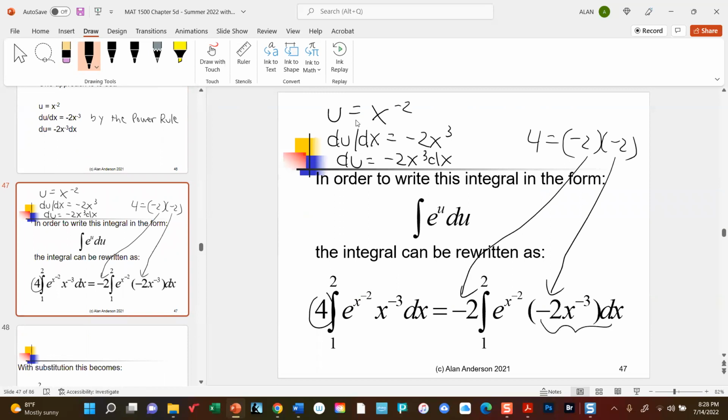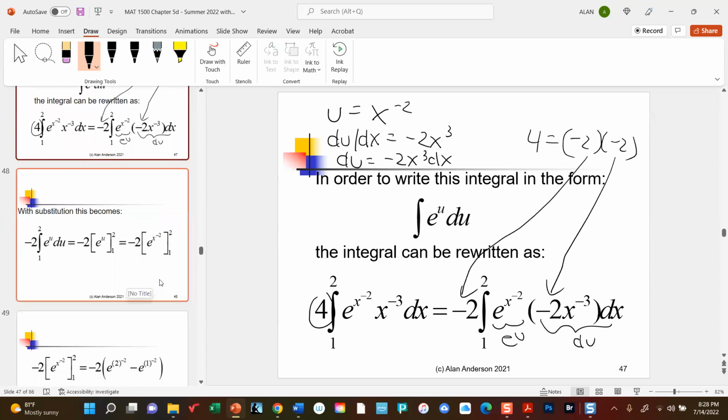So this now can be our du, and this is e to the u. So the constant was the challenge here. What do we do to come up with the constant that we need so that our integral contains du? Well, it was a little different from the other examples, that's for sure.